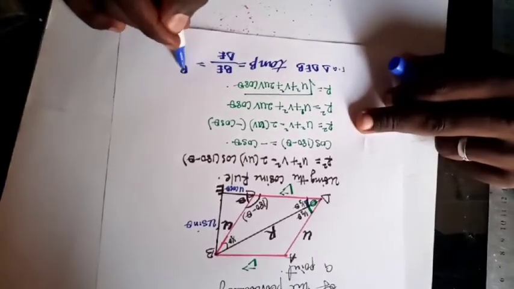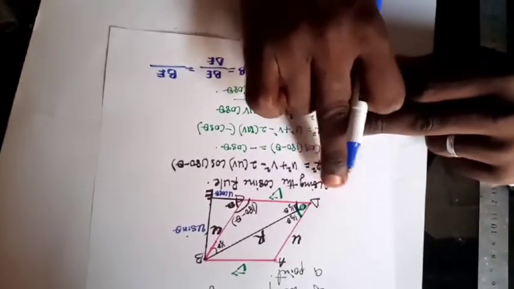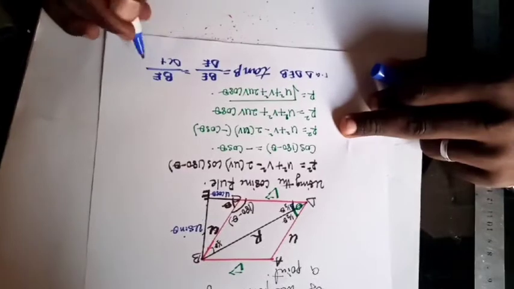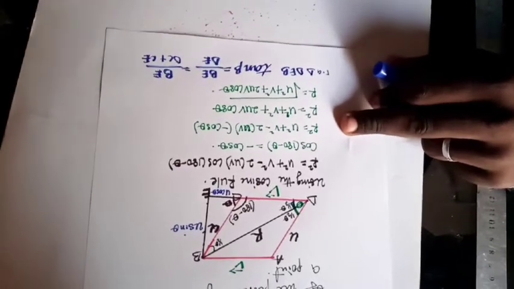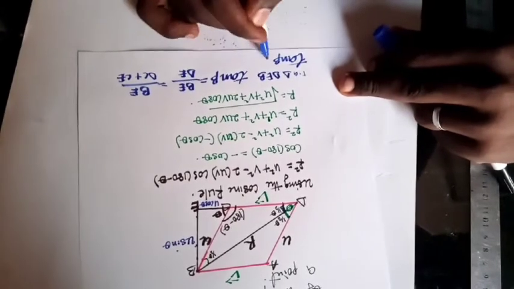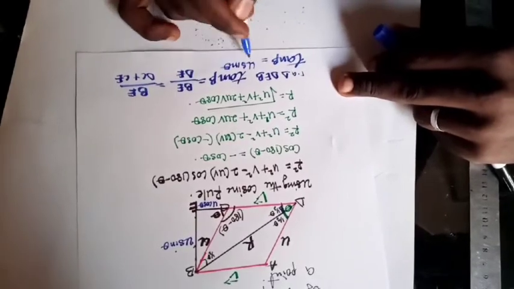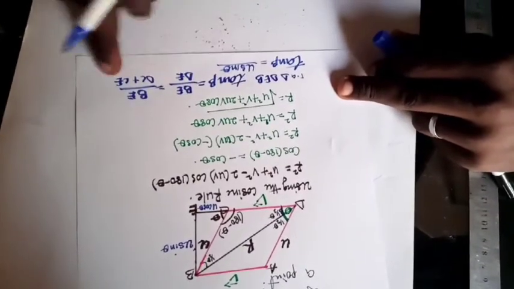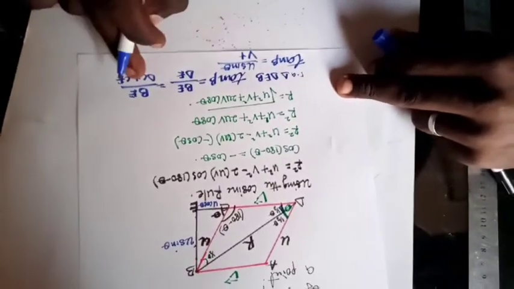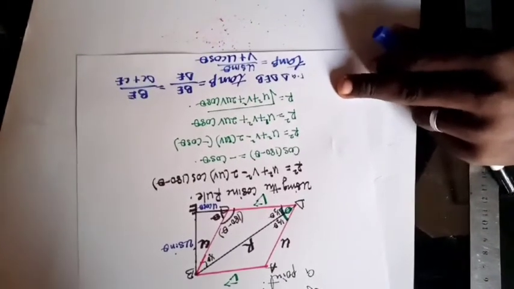And BE divided by DE, DE is the sum of DC and CE. Hence, the tan of beta equals BE, which is u sine of theta, divided by the horizontal DC, which is v, plus CE, which is u cos of theta.